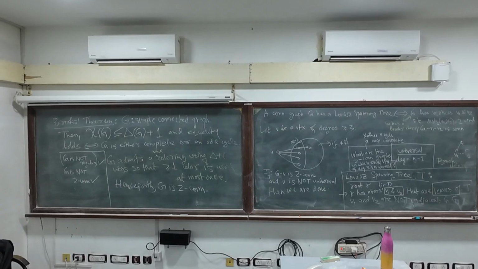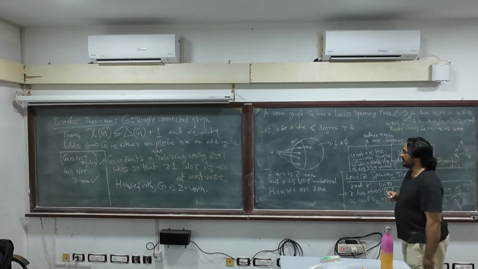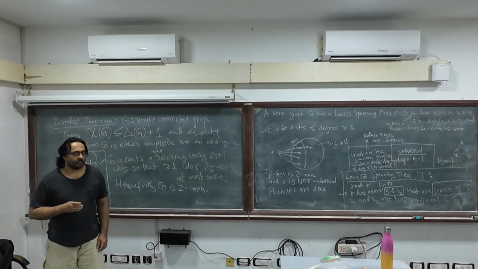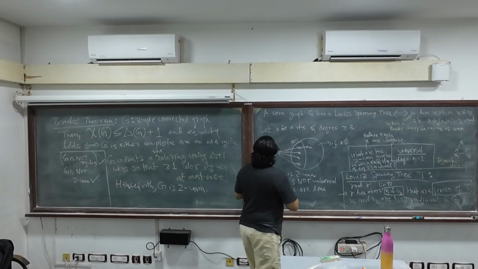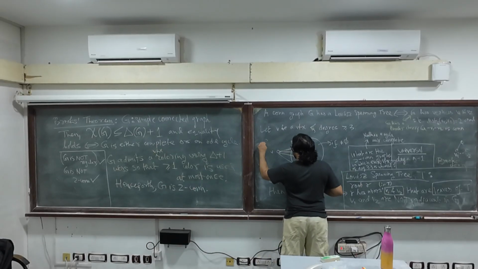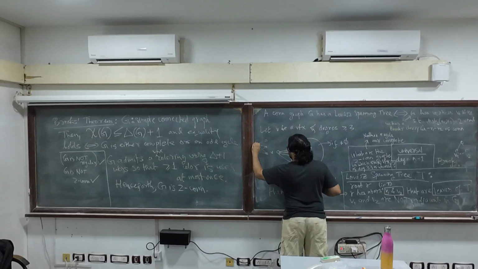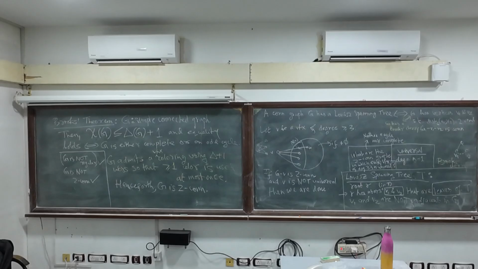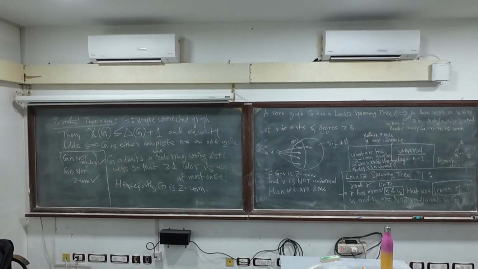Okay, anybody else? So complete graphs are there, cycles are there. Anything else? Observe that this graph also has the property. Now can you generalize this graph into a family?